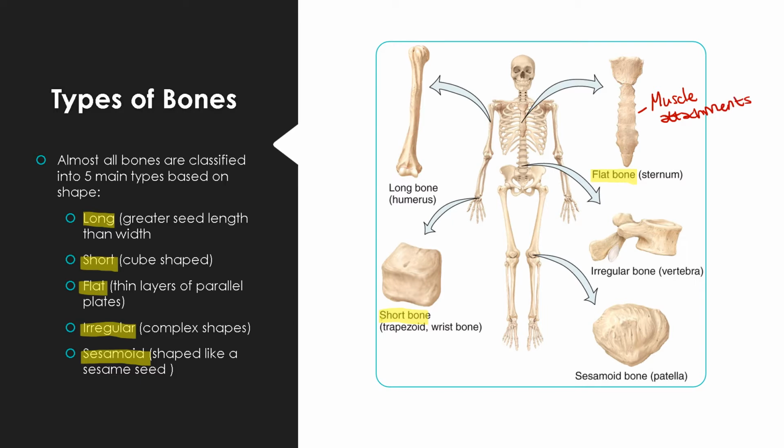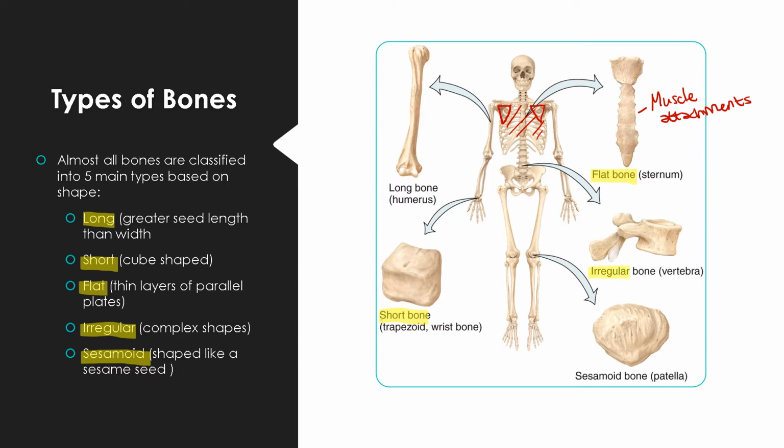These bones are going to include ones like the cranial bones, which protect the brain, the sternum and the ribs, which protect the thoracic organs in here, and then also the scapulae, the shoulder blades, kind of on the back of the skeleton here. We can kind of see them through the ribs a little bit there. Those are all going to be types of flat bones.